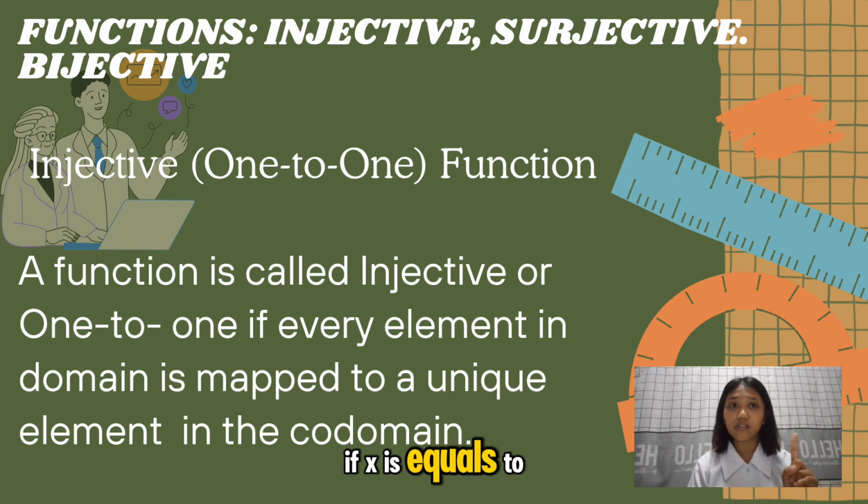If x equals 3, then f(3) equals 9, because 2 times 3 is 6, plus 3 equals 9. Each input gives a different output, so this is an example of an injective function.